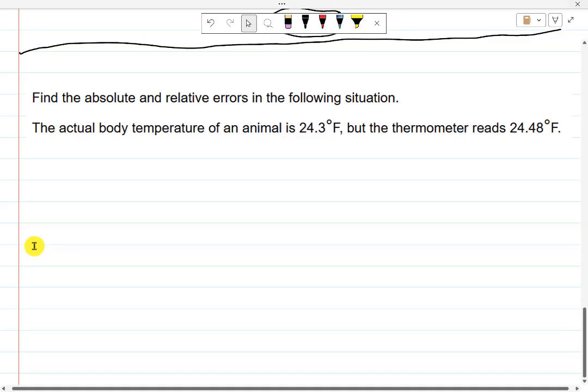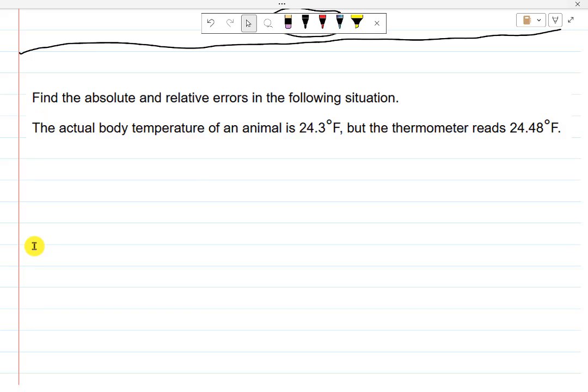Here we have the actual body temperature of an animal that's given. So this here would be our reference value, since we know that to be true. And this is our measured value here. Once again, absolute error.